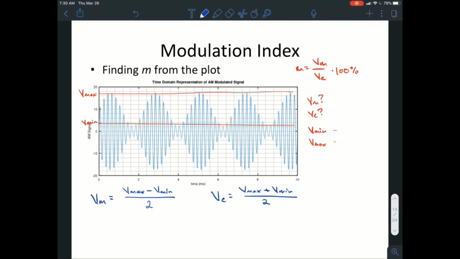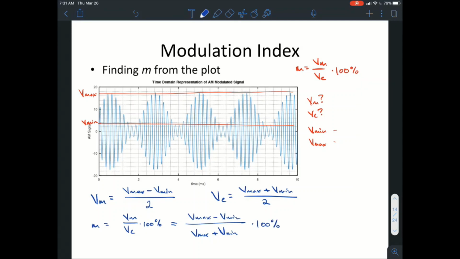And then we can use this again to find M, right? If we use V sub M over V sub C times 100%, this then becomes V max minus V min all over V max plus V min, times our 100%.